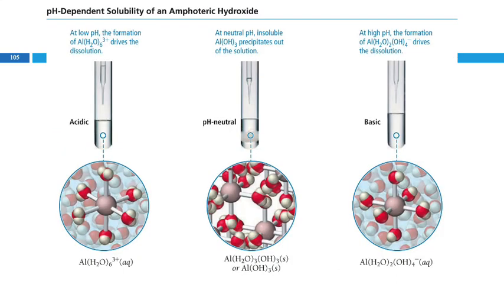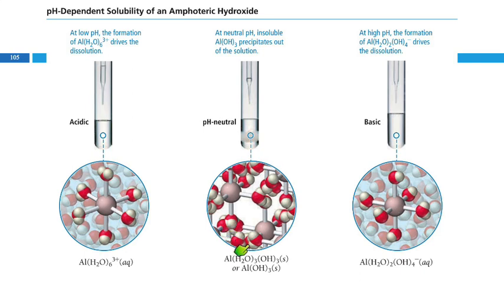Here it is trying to explain this in pictures. So here's what aluminum would look like in an acidic solution. We've got the aluminum ion here, and we've got 6 water molecules hanging around. At neutral pH, we're going to end up with aluminum hydroxide. I'm not sure really how we're supposed to make sense of what that looks like.